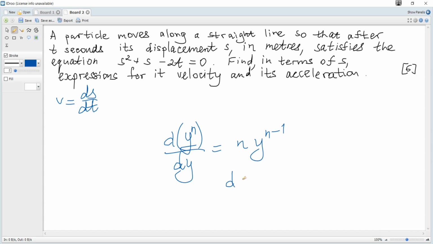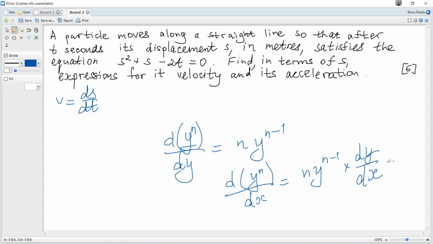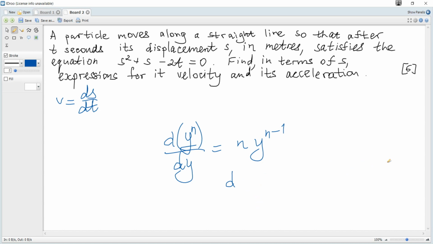But if it's the derivative with respect to x, according to the chain rule, it will be n y to the power of n minus 1 again, but multiplied by dy/dx.